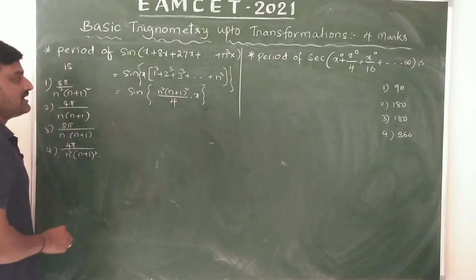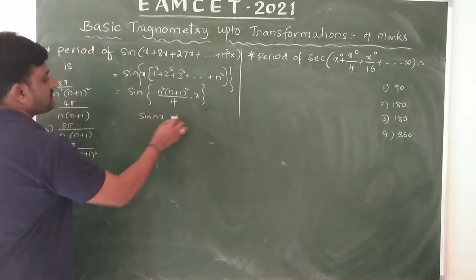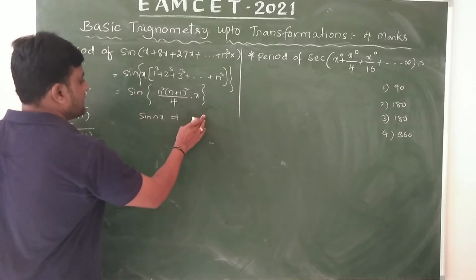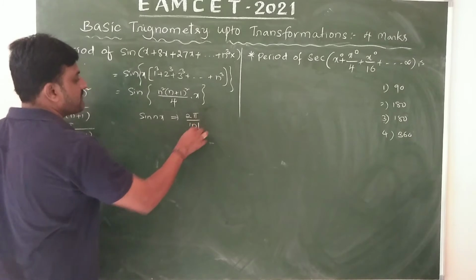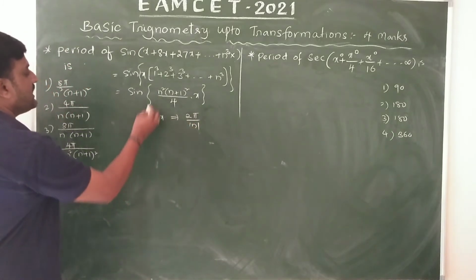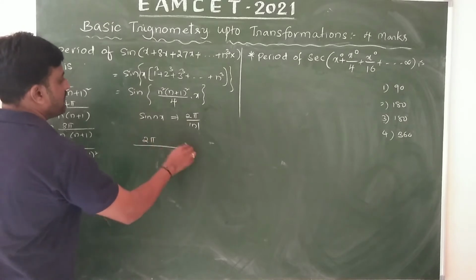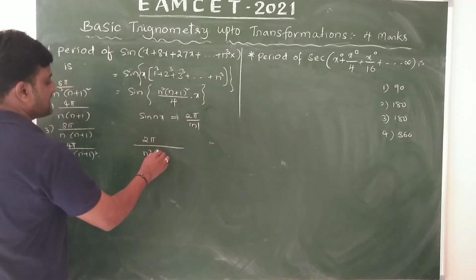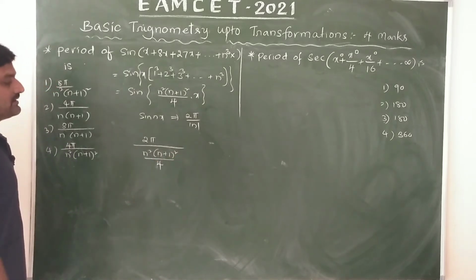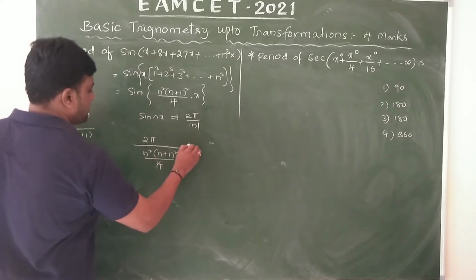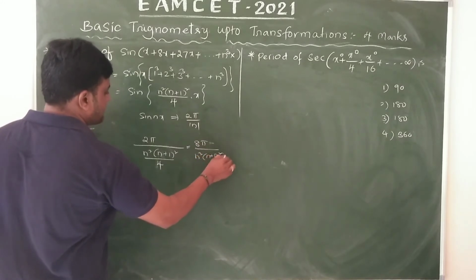We know the period of sin nx is nothing but, actually the period of sin is 2 pi by n. Yes or no? Okay. Now here that is nothing but 2 pi by n square, the x coefficient being n square (n plus 1) whole square by 4. Okay. And then it becomes 8 pi by n square into (n plus 1) whole square. Okay.